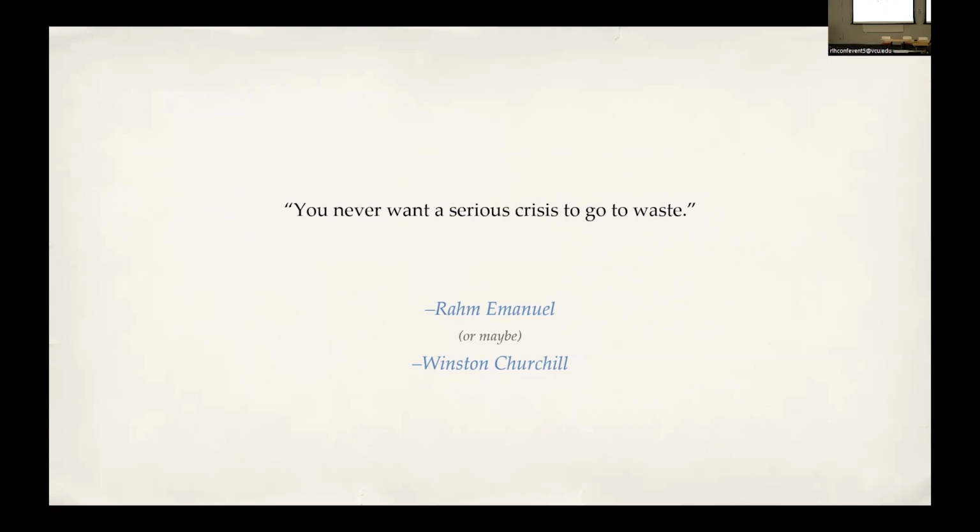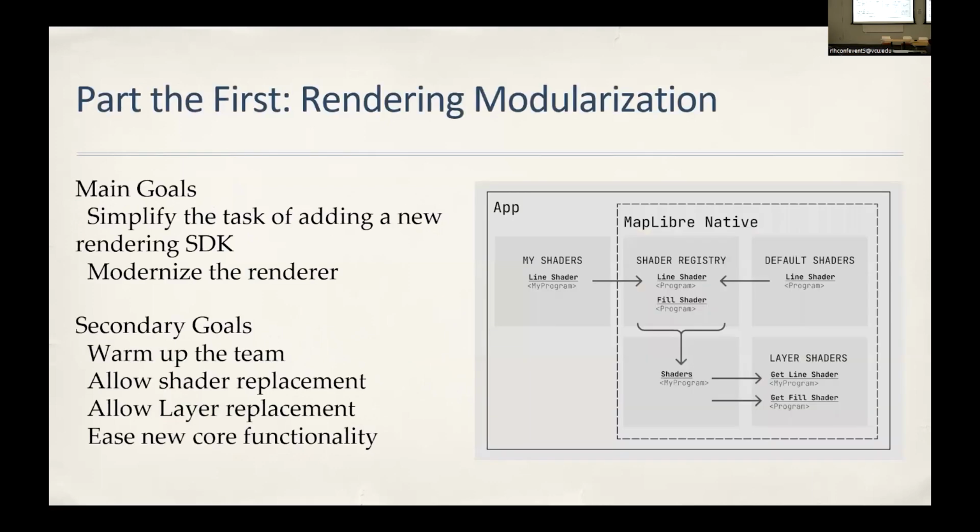So I think it's got a nice amount of ambiguity to it. The first part of the plan we put together was to modularize the renderer, which is, say that five times fast, great fun. Essentially, break it into pieces so that we could first lift it up, fix the foundations, and then put it back down on those foundations.